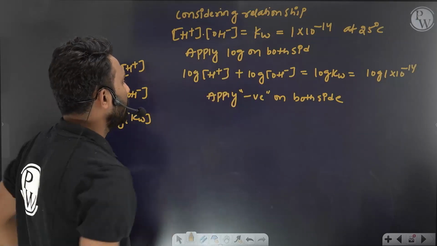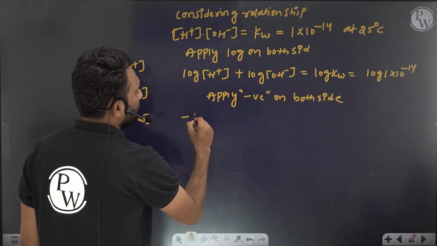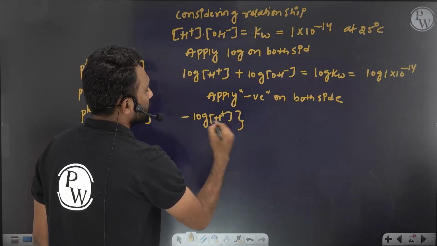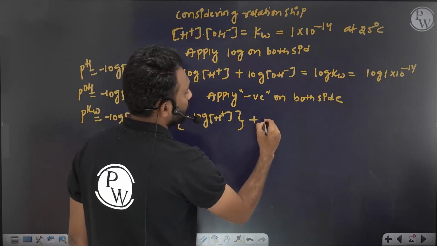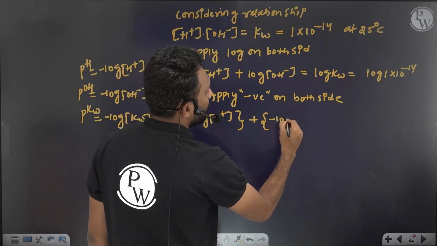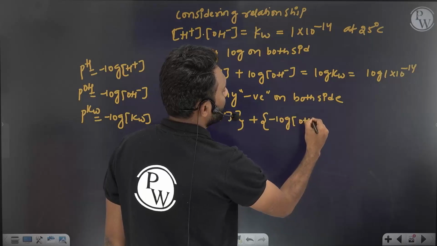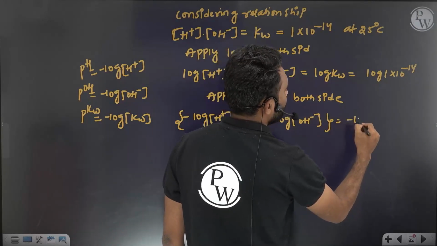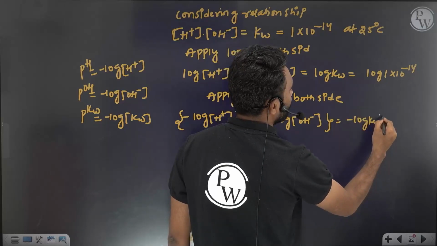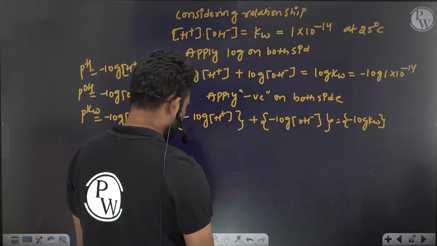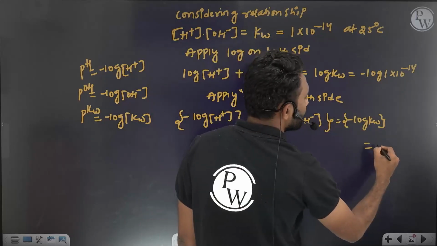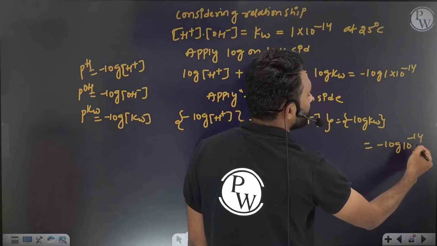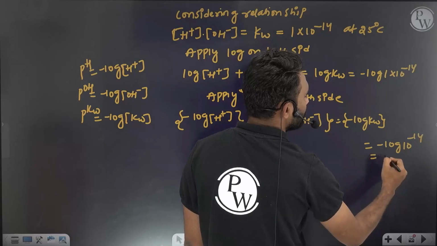Now look here: minus log H plus ion concentration, next minus log OH minus ion concentration, next minus log Kw is equal to minus log 10 to the power minus 14. Minus into minus 14 is 14.